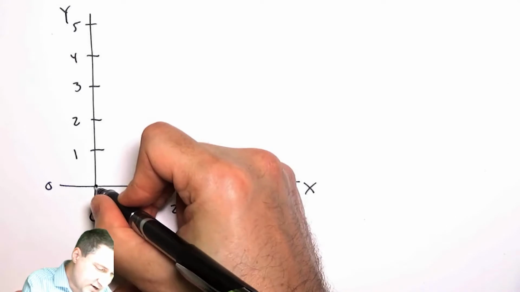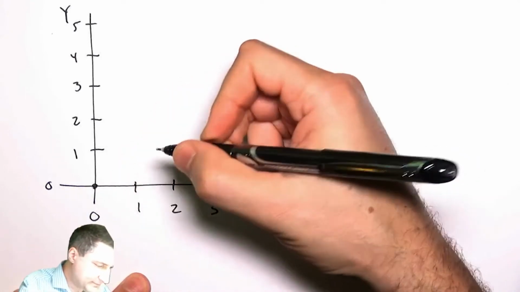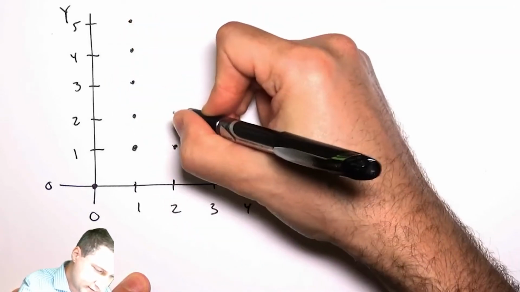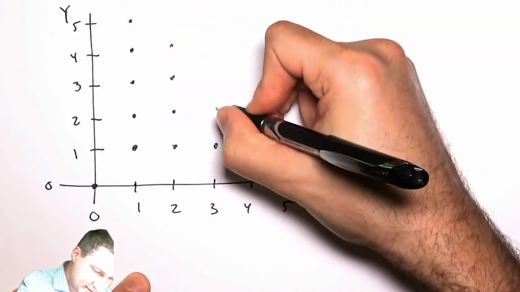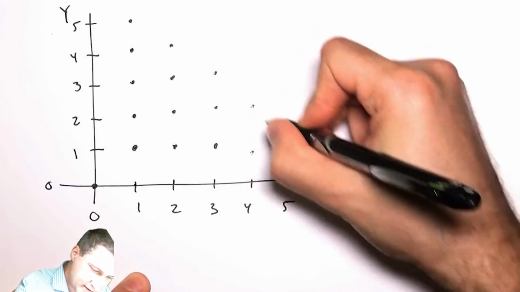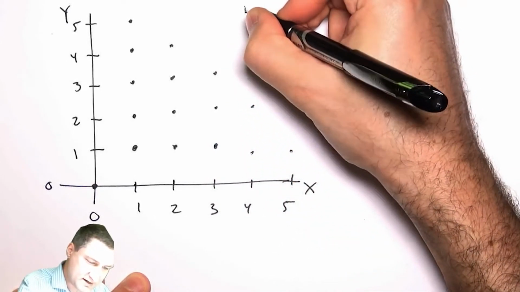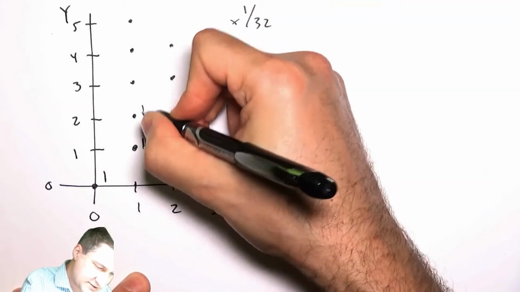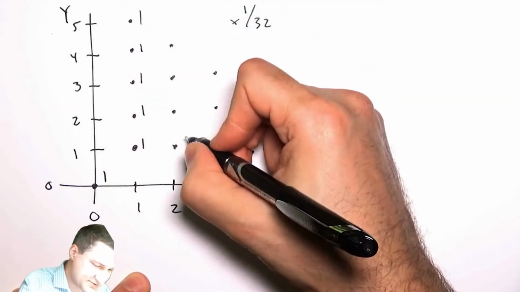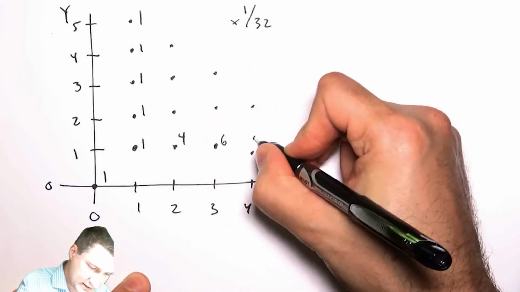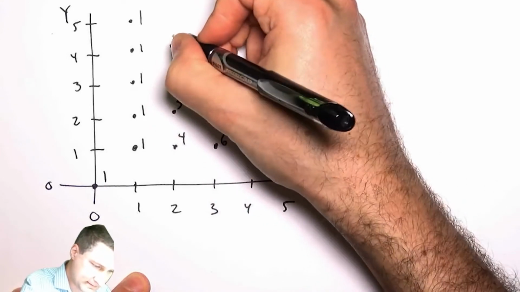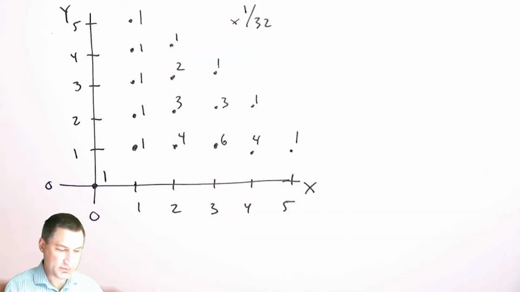We derived the joint PMF earlier, and I'm just going to draw it here again, where everything is divided by 32. To make this a little bit easier, I'm just going to mark down numbers here, and the numbers are the same ones that we learned from a previous lesson, so these aren't just coming out of nowhere. If I add up all these numbers, I'll get 32. So this is the joint PMF.